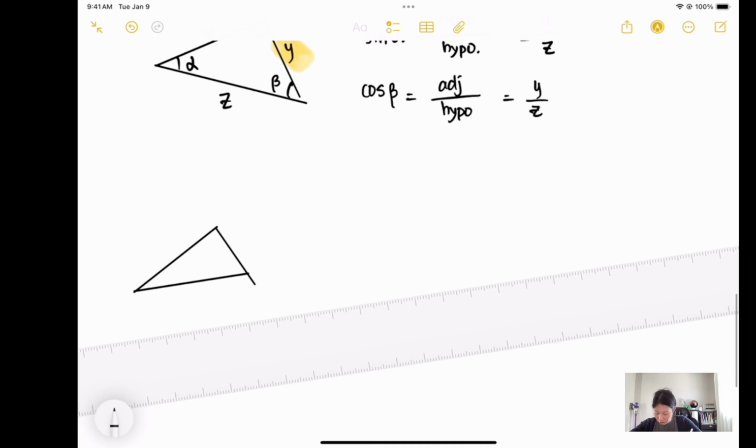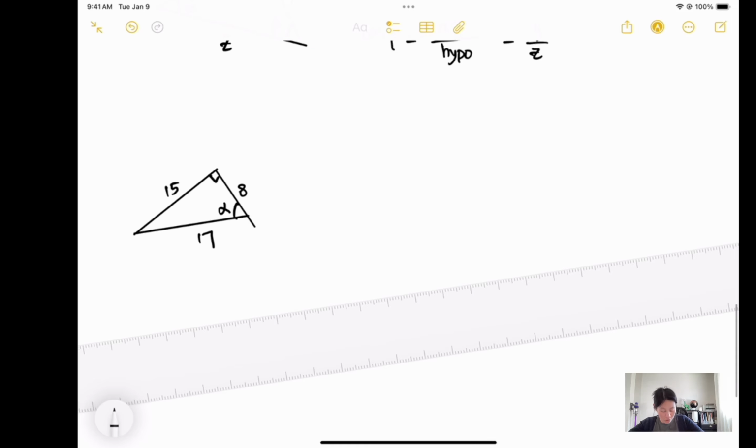So in here we have 15, 8, 17, and here is our alpha. Now, I want you to find sine alpha, cosine alpha, tangent alpha, and also secant alpha, cosecant alpha, cotangent alpha.